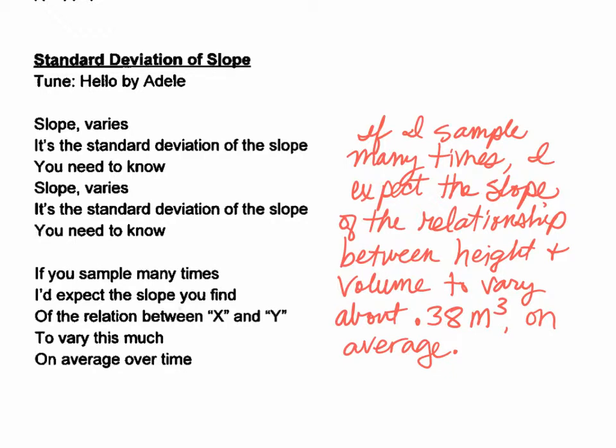Good. And I forgot to mention, over here in the front of your packet where we have the summary stuff, this is interesting because the standard deviation of the residuals you'll see in 2 different forms.